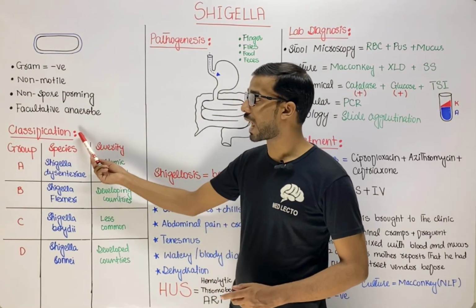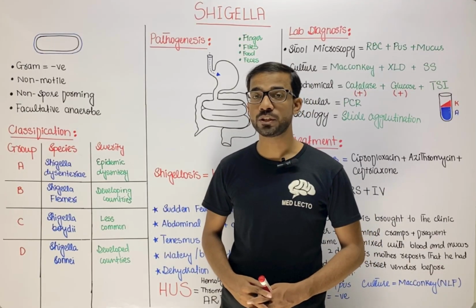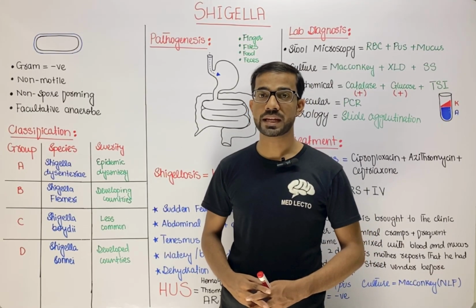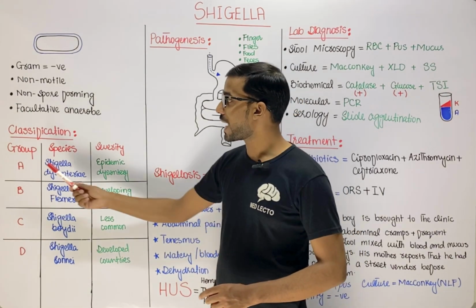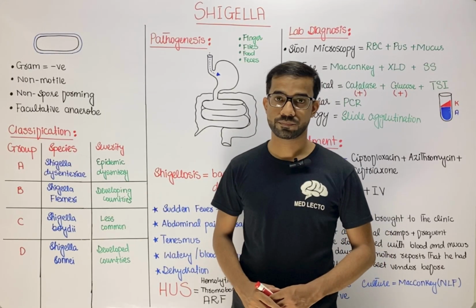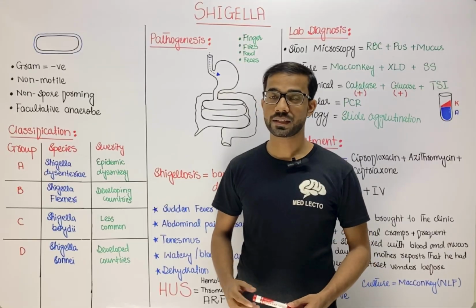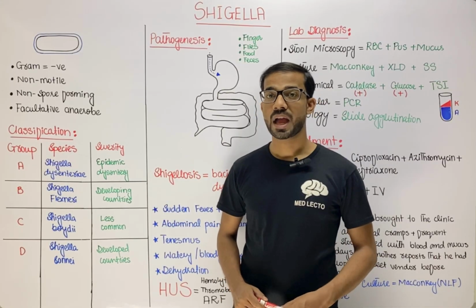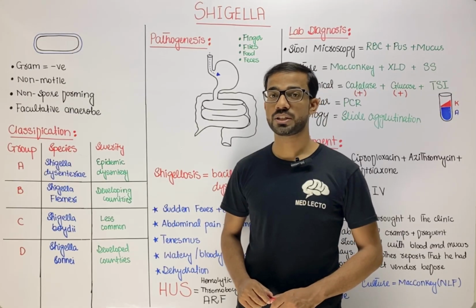And if we look at the classification, we have categorized Shigella into four groups: A, B, C, and D. In the A group, you will see the species Shigella dysenteriae. It causes epidemic dysentery, and it is the most severe form of Shigella.